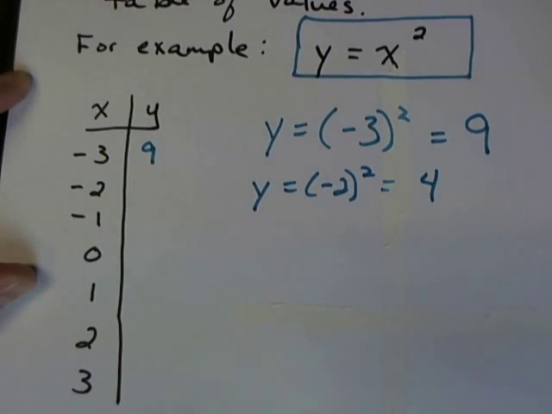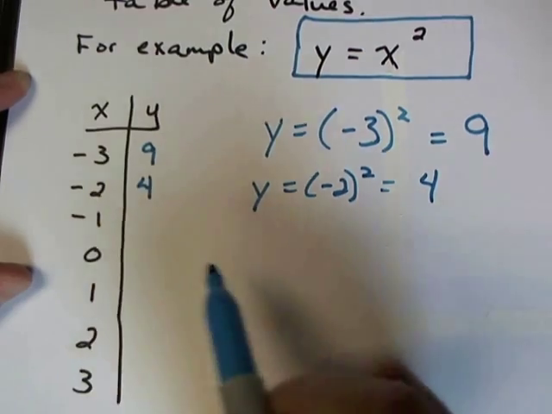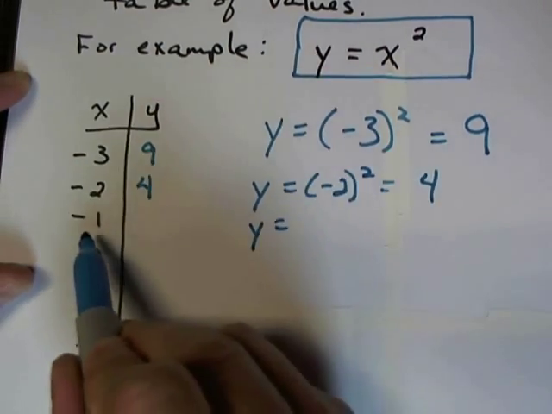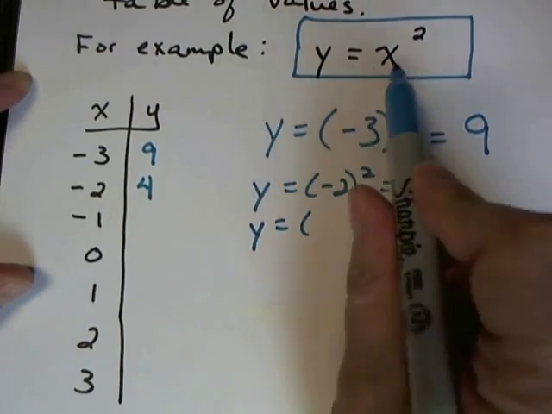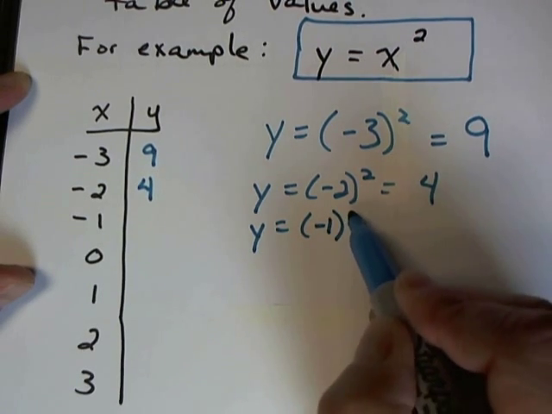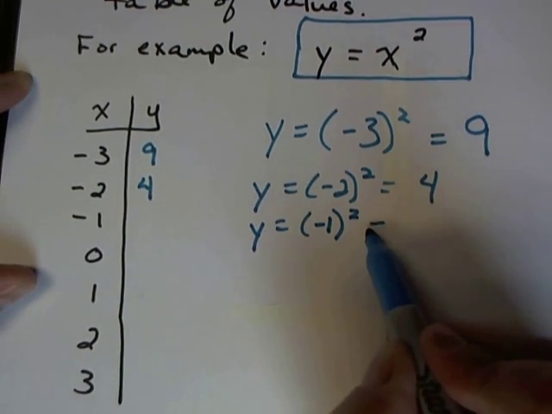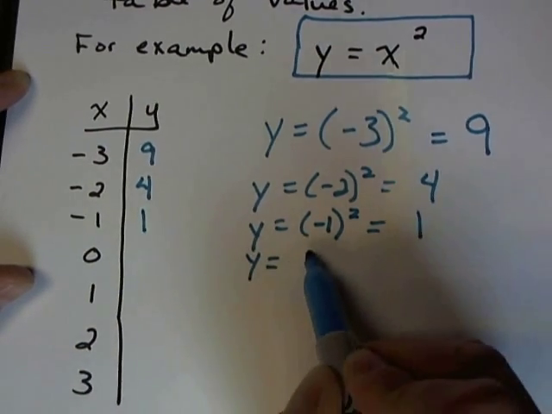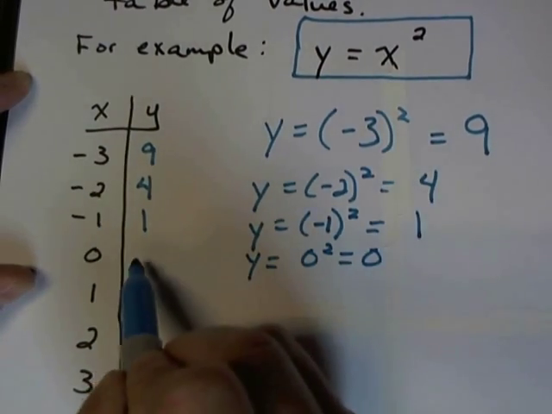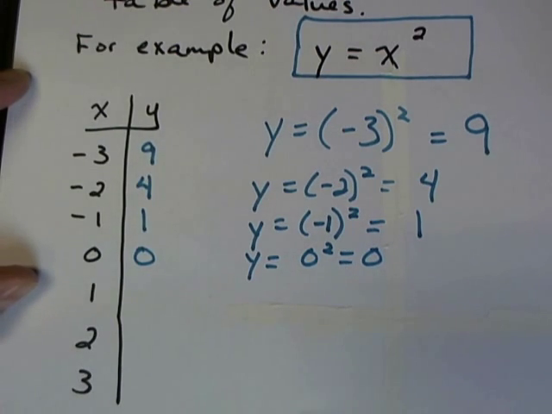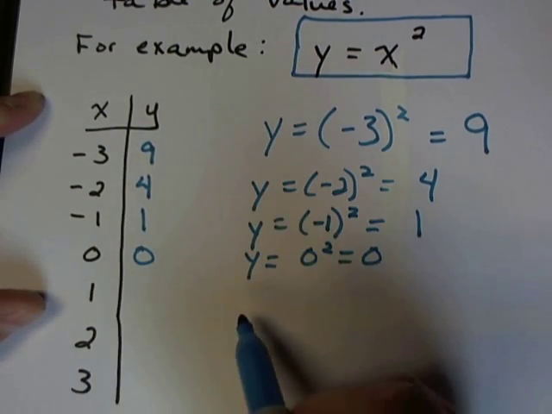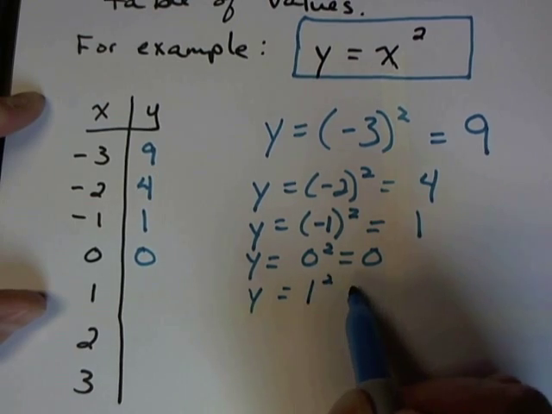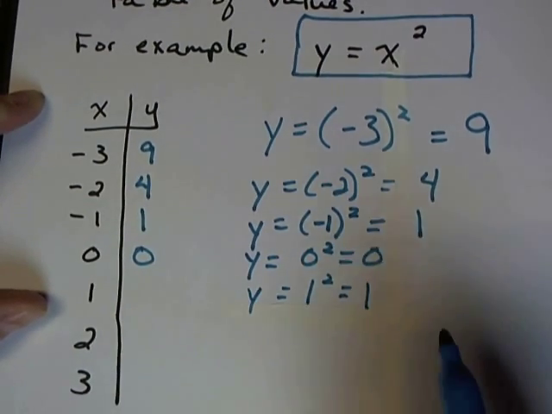A -2 times a -2 is a +4. Continue on with replacing, we're just going back into the original equation and replacing x with a different value to see what's going to come out for our y. Continuing on, we go y equals 1 squared, and we'll notice that 1 squared is 1.